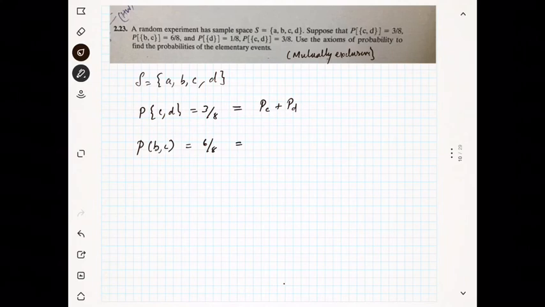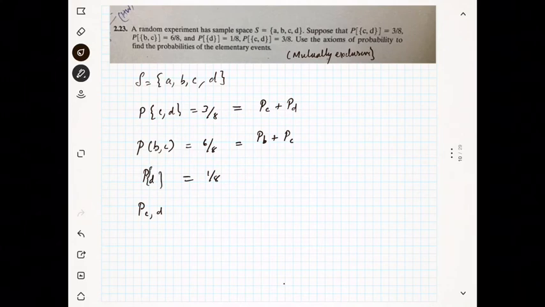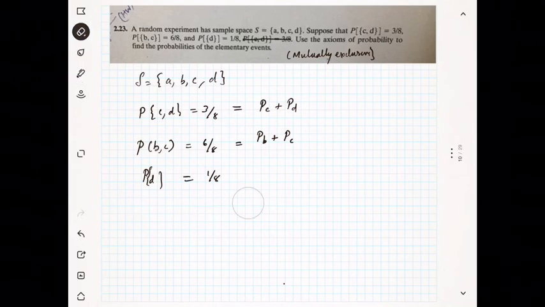So you know that it is nothing but probability of B plus probability of C. And probability of D is given, it is 1 over 8. Okay, that's it.